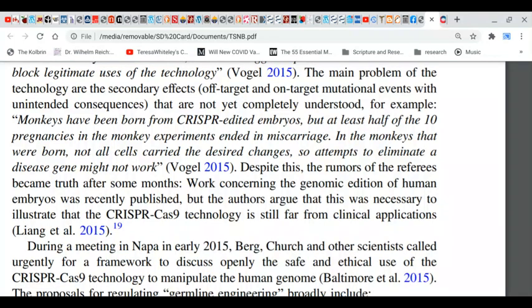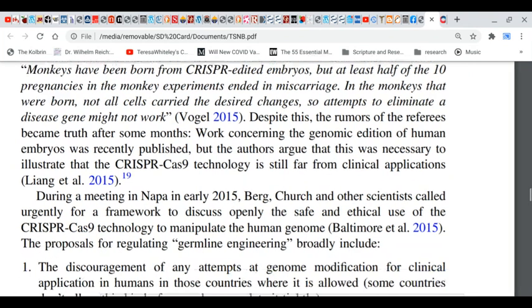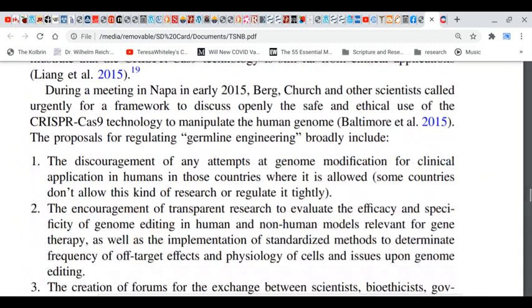Work concerning genomic editing of human embryos was recently published, but the authors argued that it was necessary to illustrate that the CRISPR-Cas9 technology is still far from clinical applications. During a meeting in Napa in early 2015, Berg, Church, and other scientists called the urgency for a framework to discuss openly the safe and ethical use of CRISPR-Cas9 technology to manipulate the human genome.